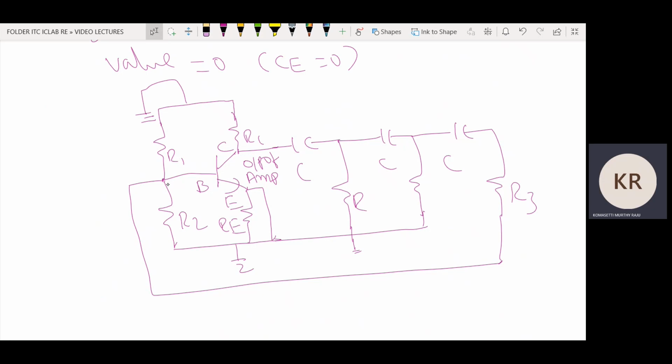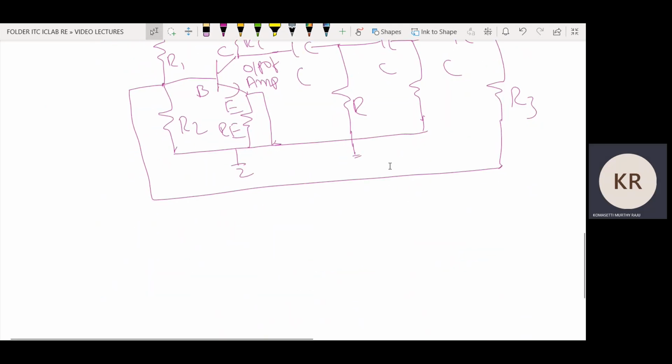Therefore, R1 is connected between B and ground, and also RC is connected between C and ground because VCC is equal to 0. Here the emitter bypass capacitor value is equal to 0, so a short circuit is across RE. Therefore, RE is also 0.